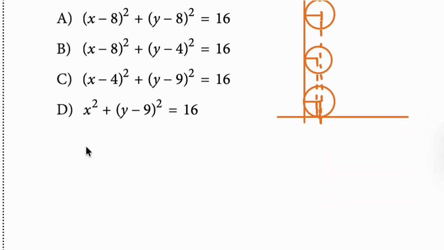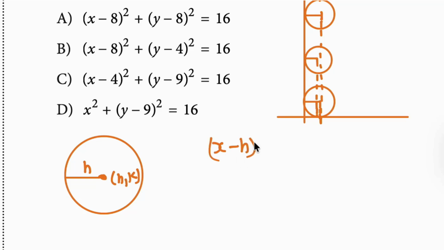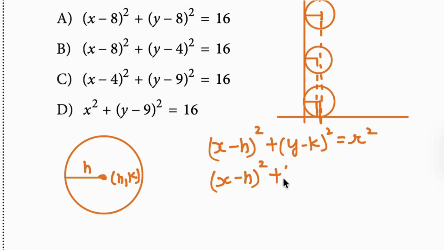Now let's try to draw it. So if the center is h and k, right? Center is h and k. So this radius is actually h, right? So if I take the standard form, x minus h whole square plus y minus k whole square is equal to r squared, right? So this and this point should be the same. x minus h whole square plus y minus k whole squared is equal to h squared, right?